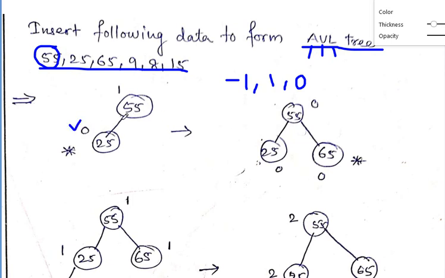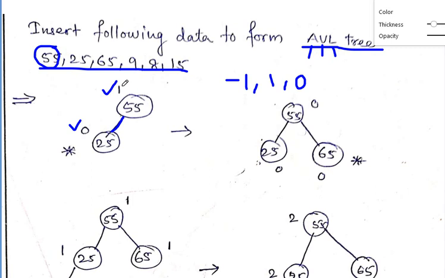Similarly for the 55, on the left only one node is attached, that is, only one path is attached on the left side. So the balance factor for this one is left subtree minus right subtree, so it will become 1 minus 0. So this is the value 1.